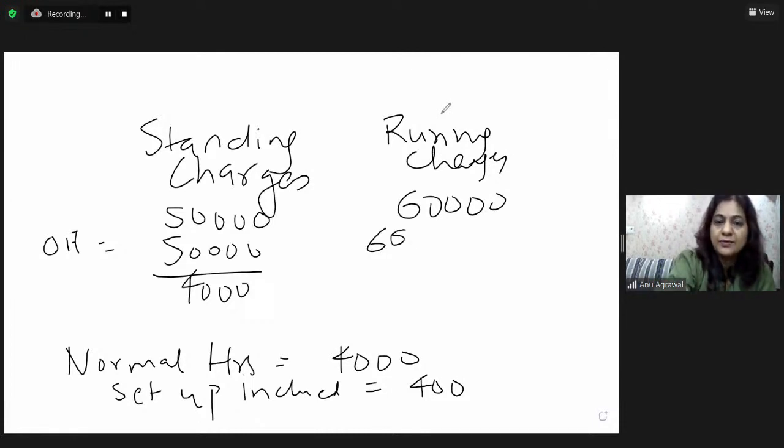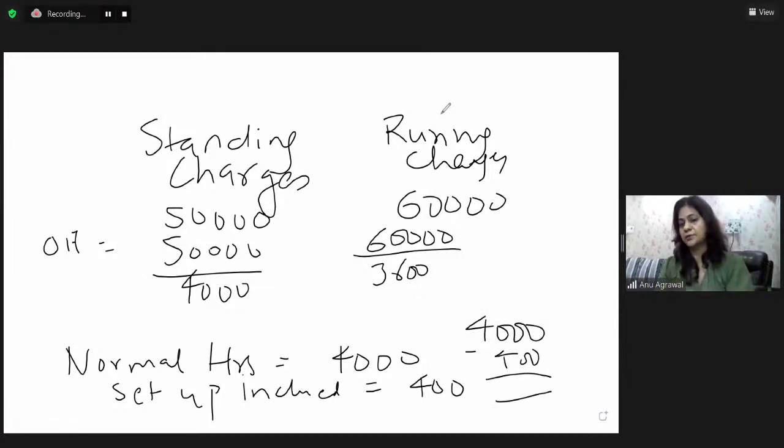But for the running charges, I will divide by 3,600 hours. Why? Because in these 400 hours, the machine doesn't work. So the expenses should only be absorbed when the machine is running. Now, this is known as dual rate. Separate rates, I calculate.